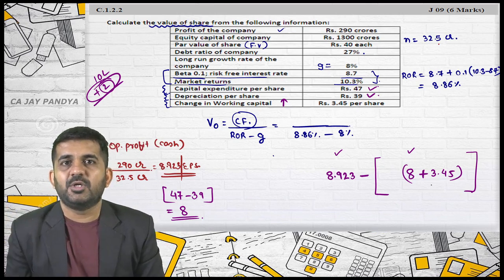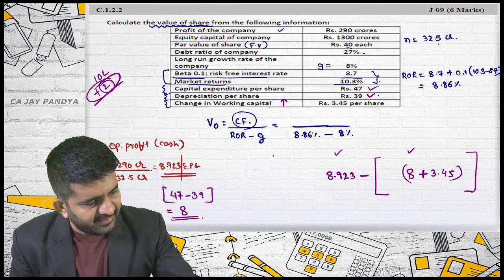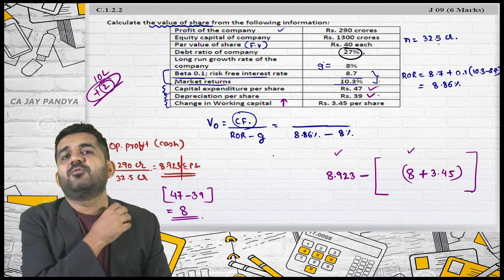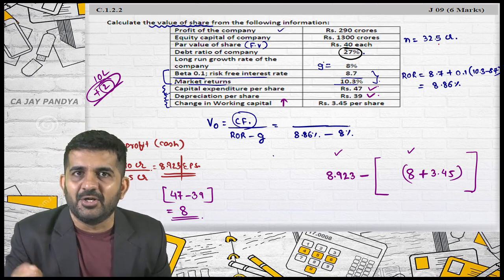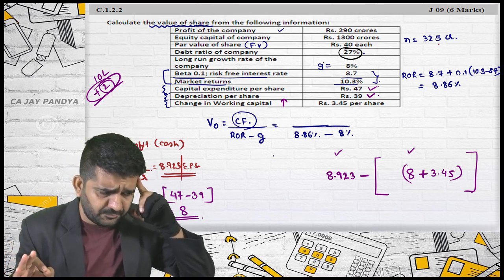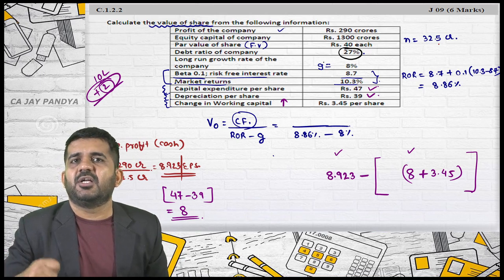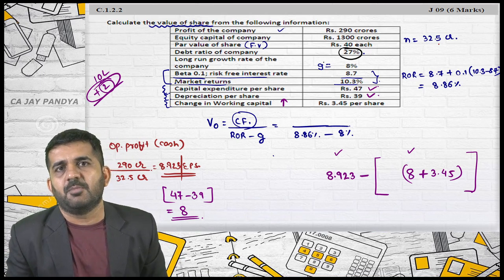But please try to understand, the company has a policy that it always takes outside money of 27% of whatever is required. So 73% is financed by equity and 27% is financed by debt.